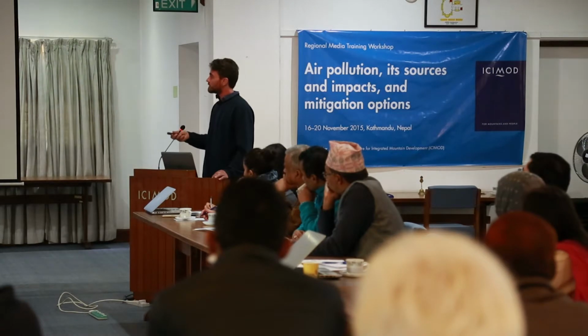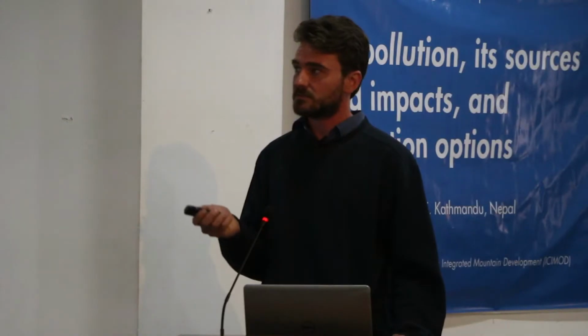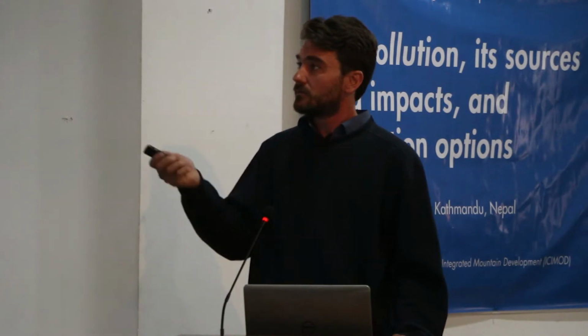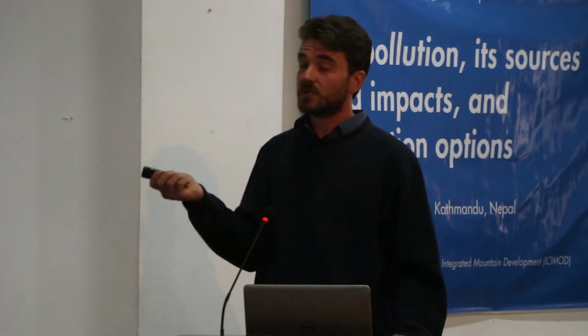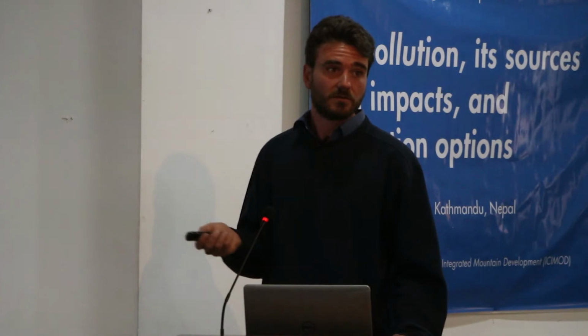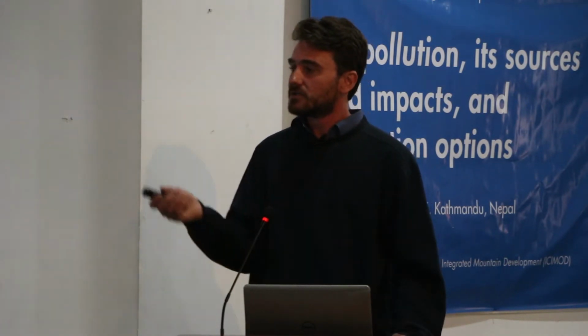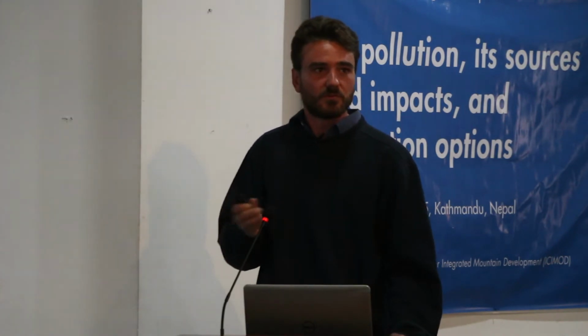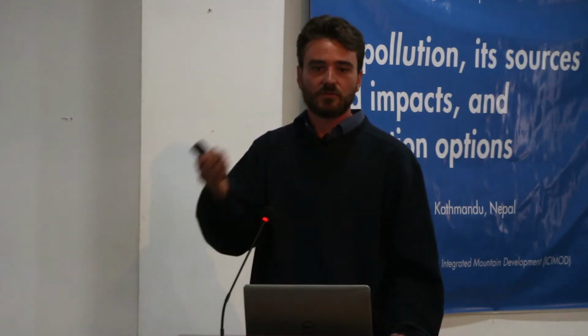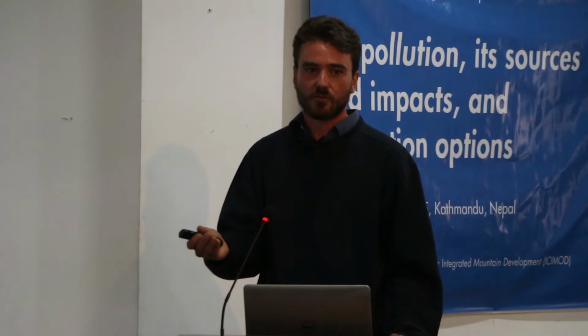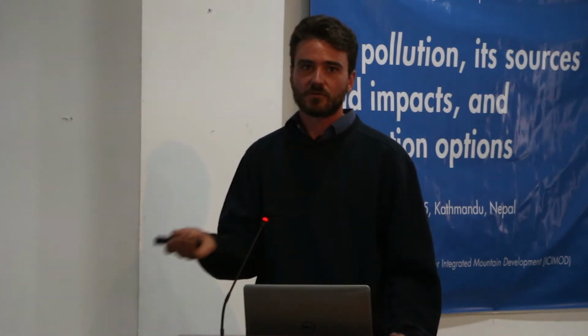Then the BC and the dust in the atmosphere will impact the clouds and the precipitation, as I said. Will that lead to more snow or to less snow? The question is still open. Some people will argue it's less snow, others more snow, so we don't know exactly. So it's not a direct pathway from emission of black carbon to this amount of melt compared to without black carbon.